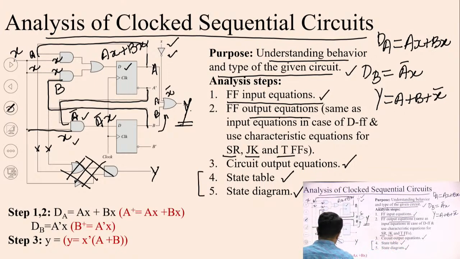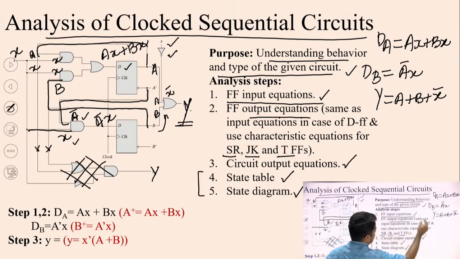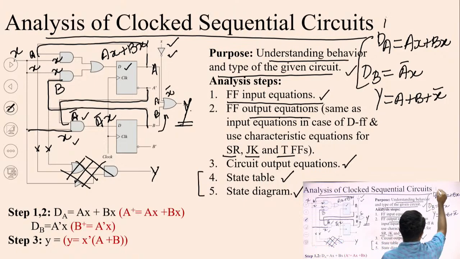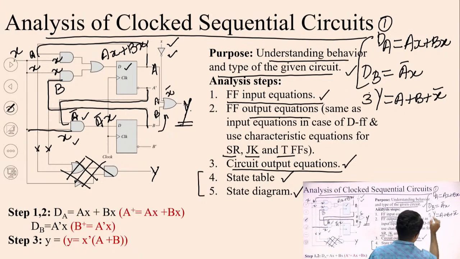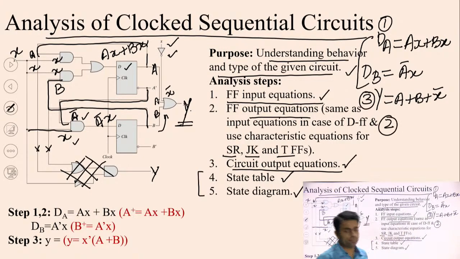Okay, so here step 1 is the flip-flop input equation, and this is the circuit output equation, step 3. Step 2 we need not perform. Why? Because it is a D flip-flop, whatever the input is, the same will be the output.